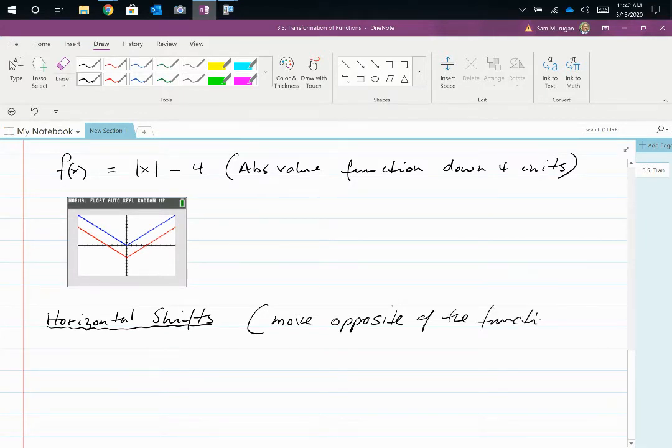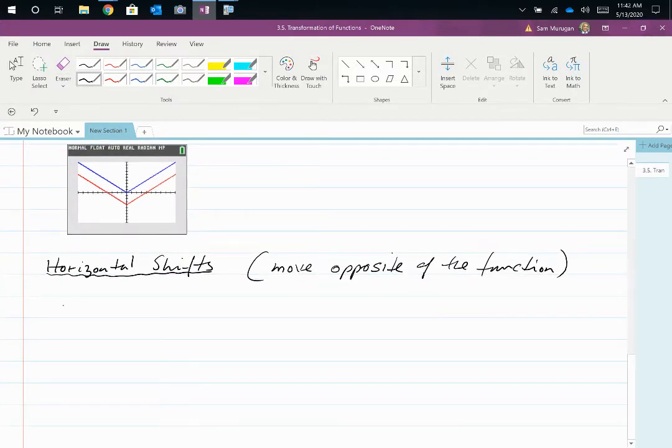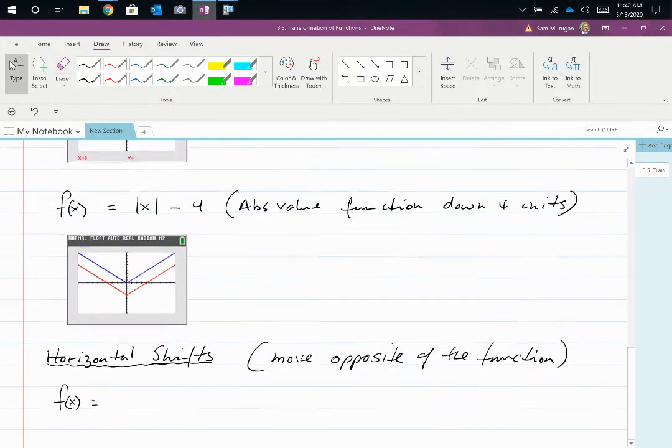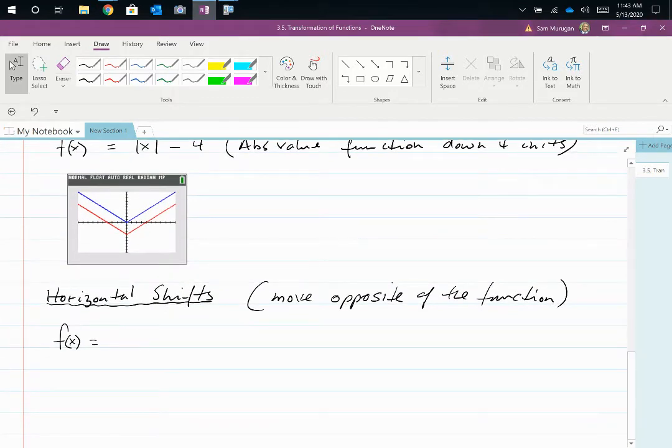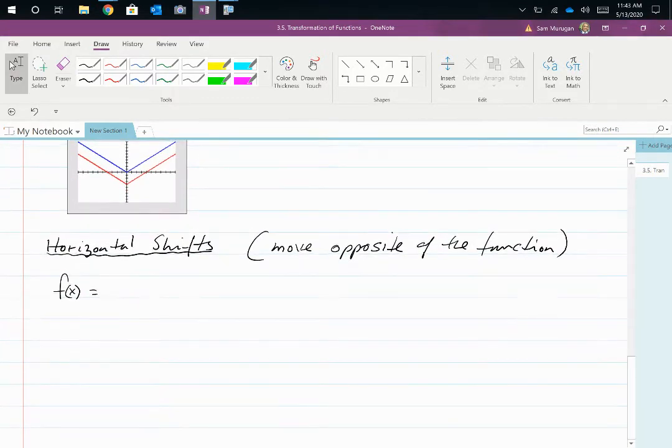Now, f of x equal to some function, say the square function.